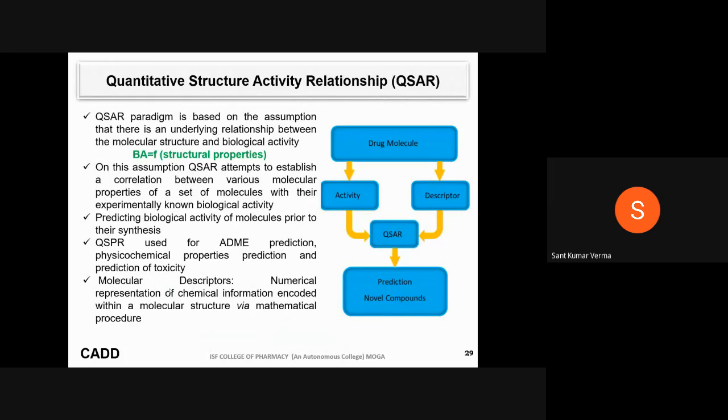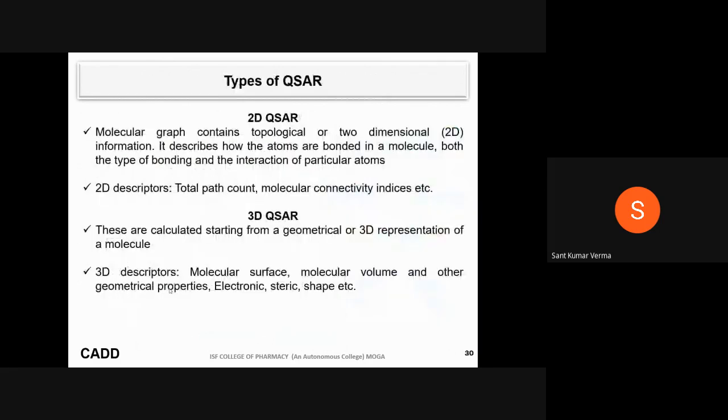On the basis of 2D or 3D descriptors, the QSAR approach can be 2D QSAR or 3D QSAR. In 2D QSAR, the molecular graph contains topological or two-dimensional information. It describes how the atoms are bonded in a molecule, both the types of bonding and the interaction of the particular atoms. In 3D QSAR, the descriptors taken represent the molecular property in 3D form.